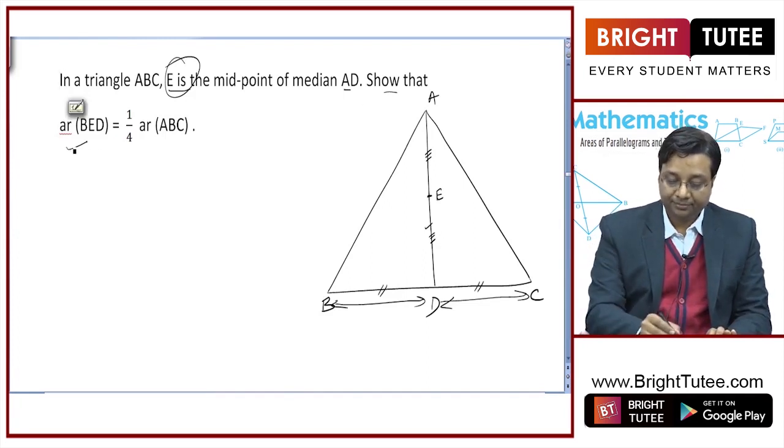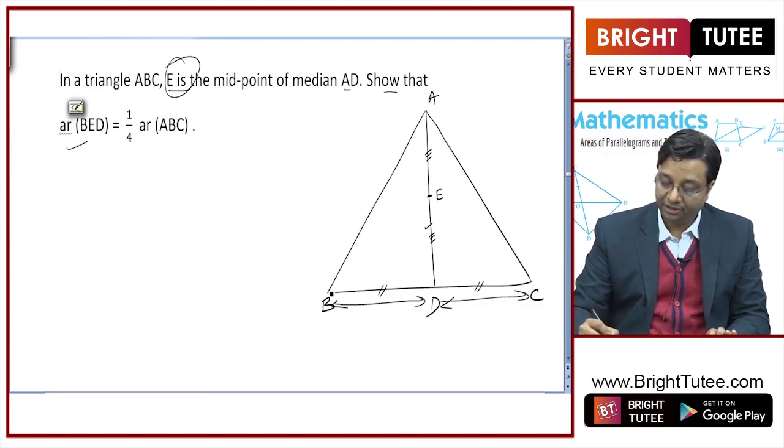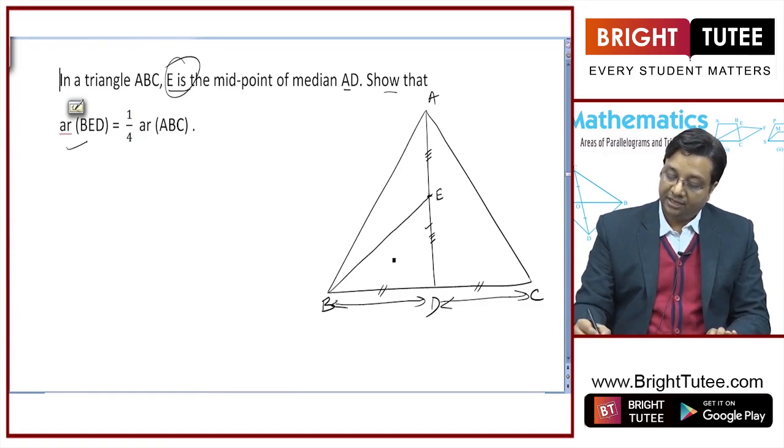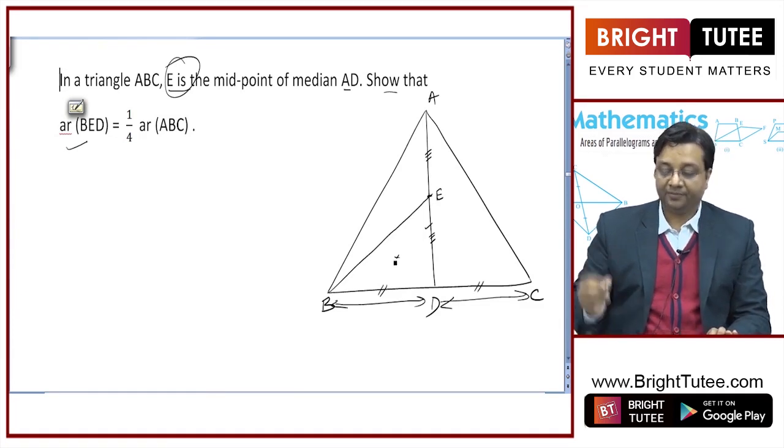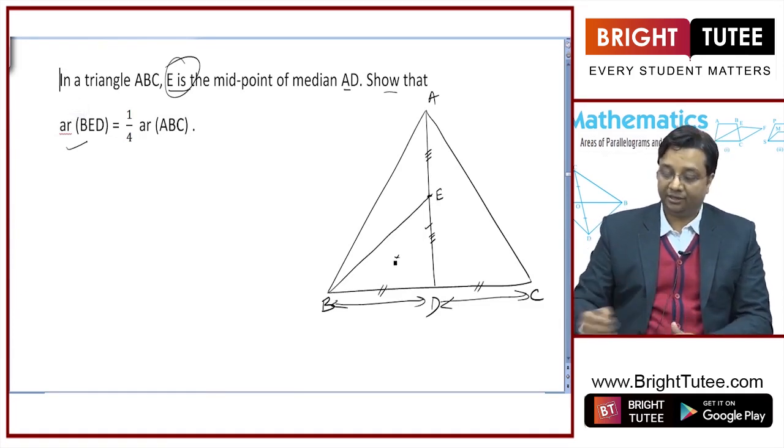Now for the area of triangle BED, let me join B with E. We are looking for the area of this triangle and we will compare it with the area of triangle ABC.